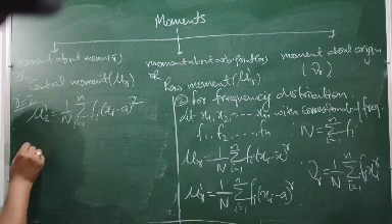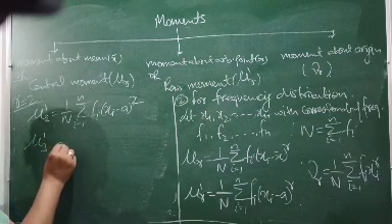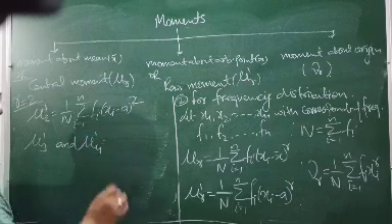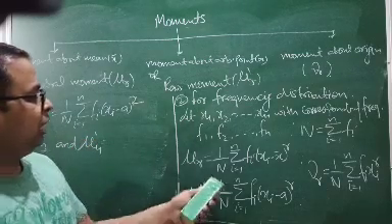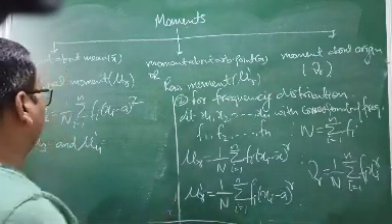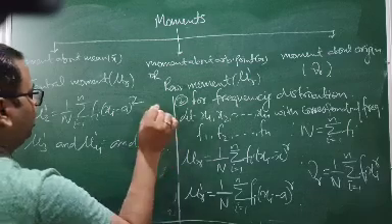Similarly, we can calculate mu dash 3 and mu dash 4. We put r is equal to 3 and r is equal to 4 in this formula mu dash r, and so on.